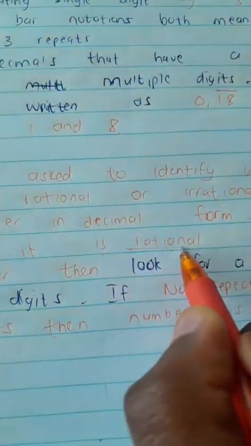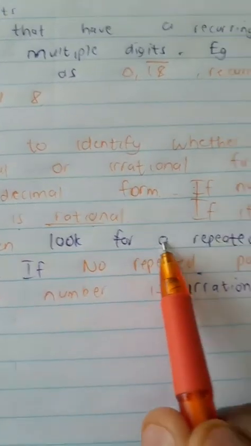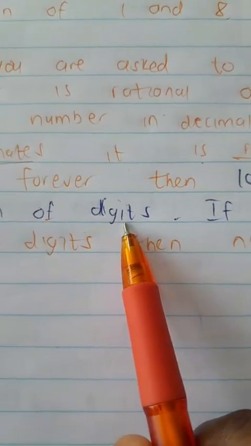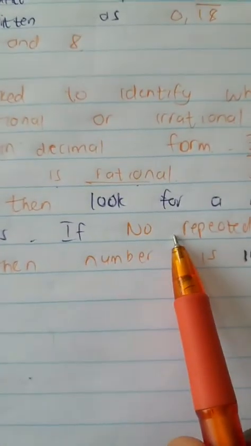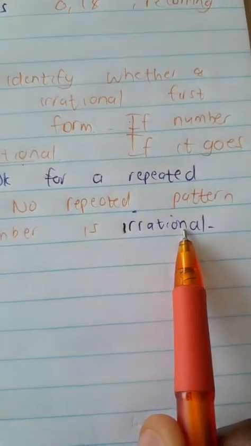If it goes on forever, then look for a repeated pattern of digits. If no repeated pattern of digits is seen, then the number is irrational.